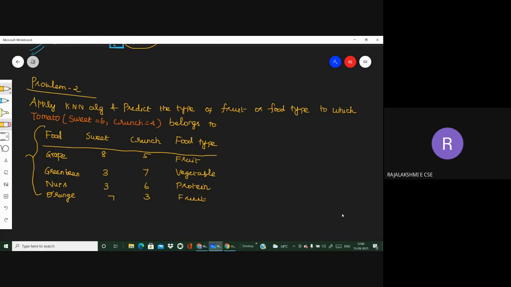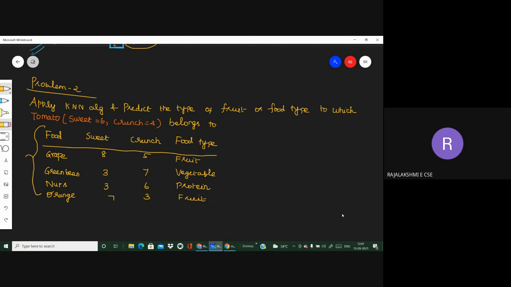A table is given. Tell me which one is the training set and which one is the test set. Training set means the data given in the table, which I already have. Test means someone new comes and I am going to classify their food type, so that is the test data.